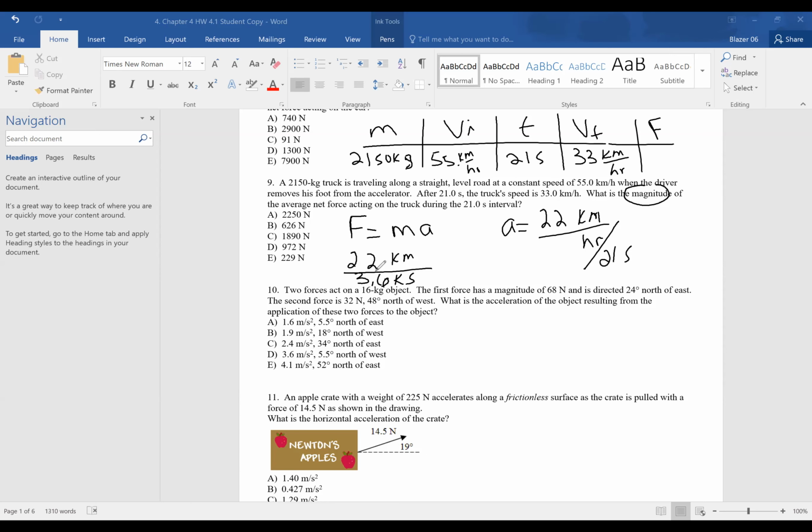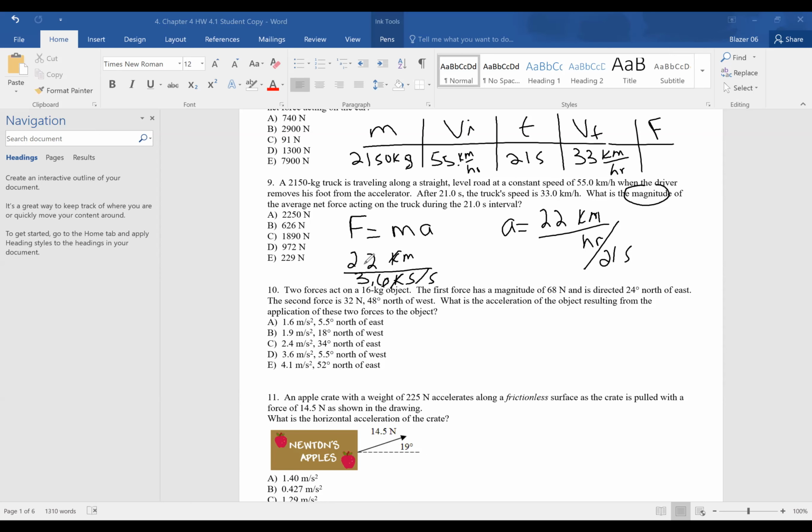We said that 1 hour is 3,600 seconds, which is 3.6 kiloseconds. So we have 3.6 kiloseconds per second. Kilo and kilo cancel out, so we're going to have so many meters per second squared. So I hope you recognize now, when you go from kilometers per hour to meters per second, you simply divide by 3.6. That's what you do.